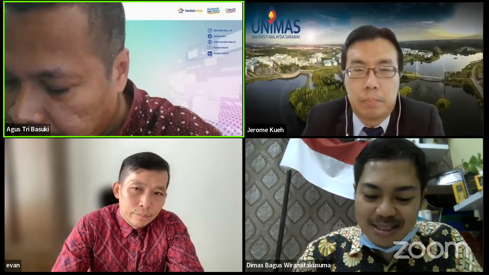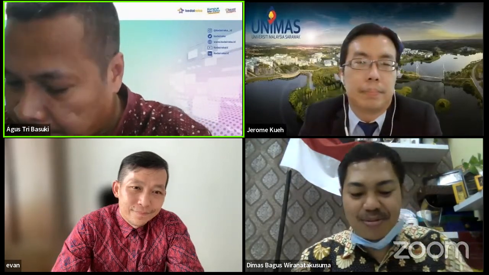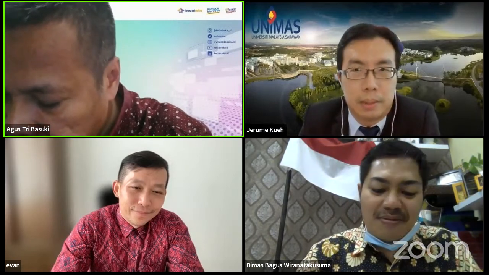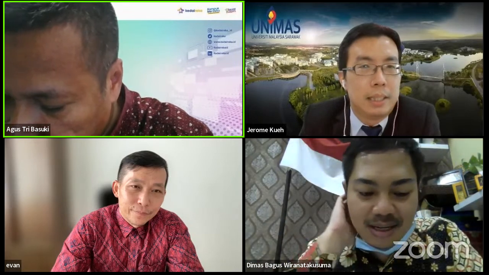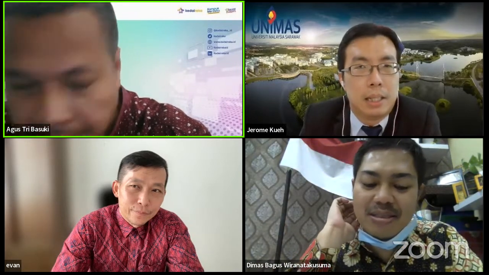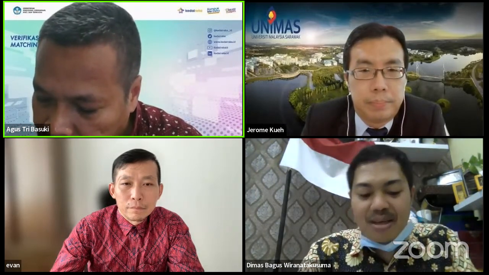By the way, looking at some issues from the econometric point of view, I would like to ask Prof. Evan and Dr. Jerome, and perhaps a little bit my colleague Dr. Agus. The first, to Dr. Jerome, is concerning regressions. Somehow we face many problems. One of them is the so-called autocorrelation problem, where the residuals are somehow correlated with each other so that the result is not that good.